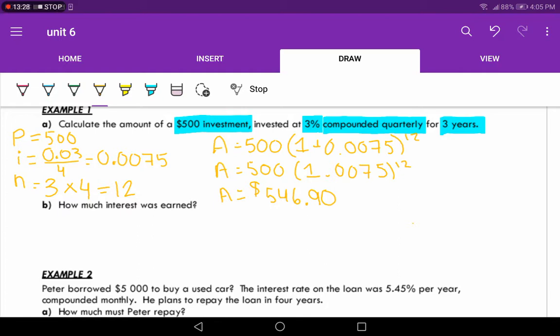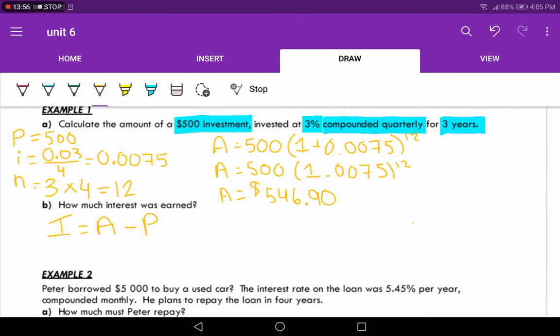So how much interest was earned? To figure out the interest, we need to take our total amount and subtract our principal. So that's just a rearrangement, basically, of our amount equals P plus I, right? That formula rearranged to have the I isolated.